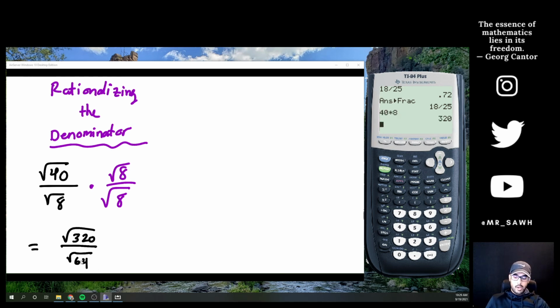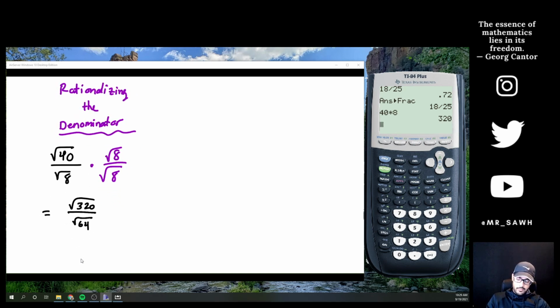Now, look at the bottom part. 64 is a perfect square number, so when you take the square root of it, you get 8. A root sign disappears, and you're always going to see that denominator number in 3 places: the original question, what you multiply by, and the result you get. They're all going to be the same, no matter what, every time. That's very useful to make sure that things work the way they're supposed to.